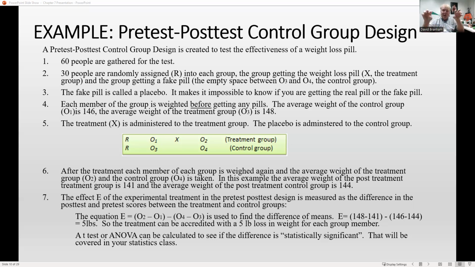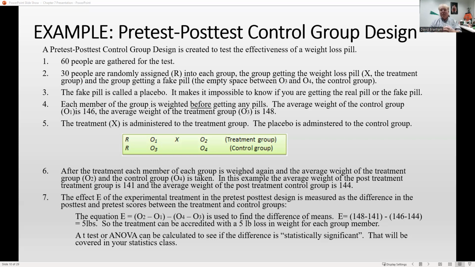So the effect of the experimental treatment in the pre-test, post-test design is measured as the difference between the post-test and pre-test scores between the treatment and control groups. So the equation is E equals O2 minus O1 minus O4 minus O3.